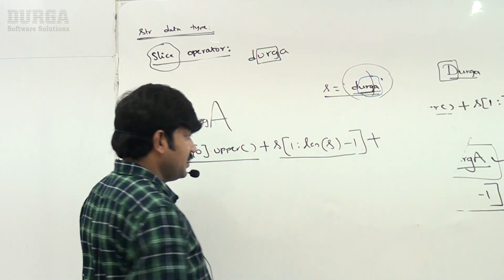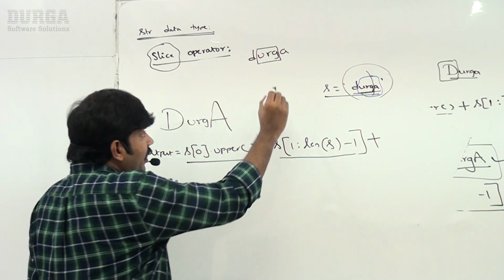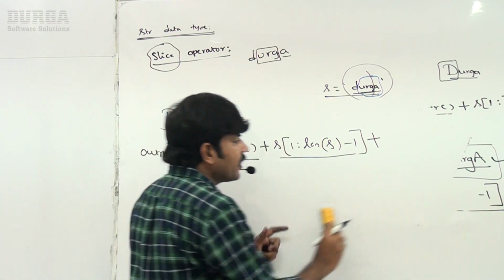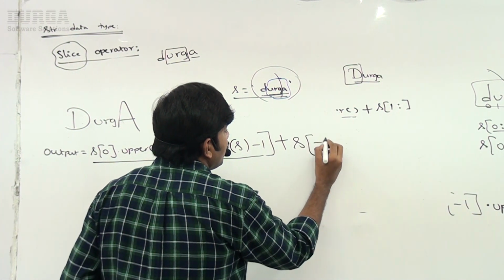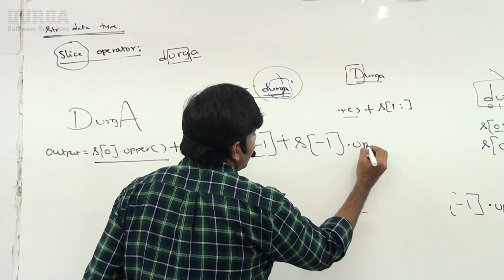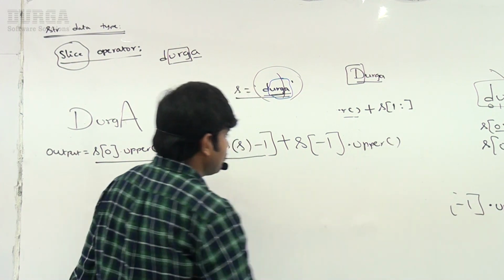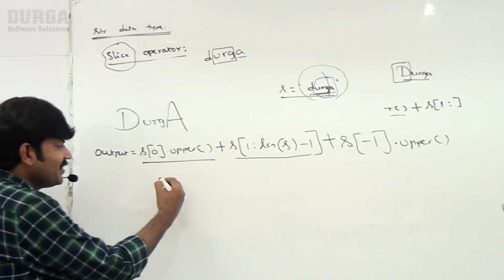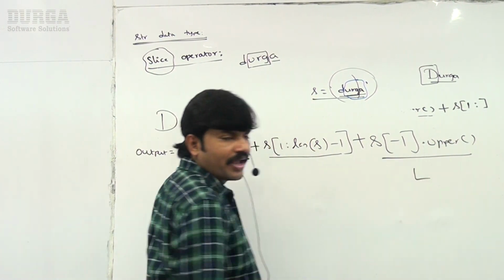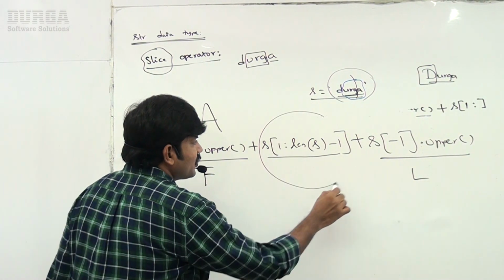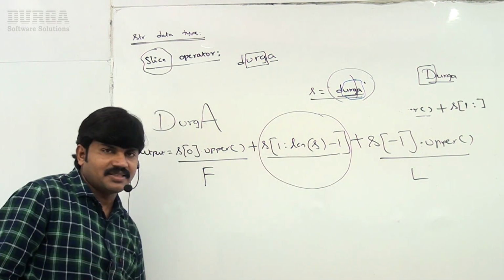Now I have to consider the last character. How can you read the last character? Just as I told, have you remembered? s of minus 1 dot upper. Observe this: this is the first character, this is the last character. The remaining characters we can read by using this slice operator.